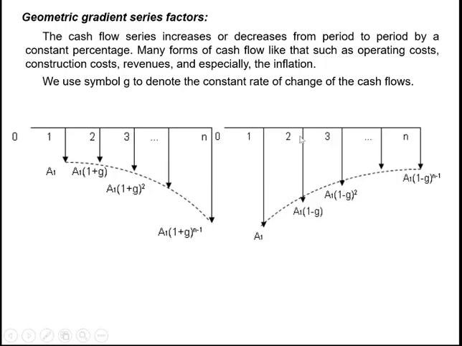That means at period 2, the cash flow is I1 times (1 minus t). At period 3, it is I1 times (1 minus t) to the power 2, and so on. At period n, it is I1 times (1 minus t) to the power n minus 1. Those are the two kinds of geometric gradient series.